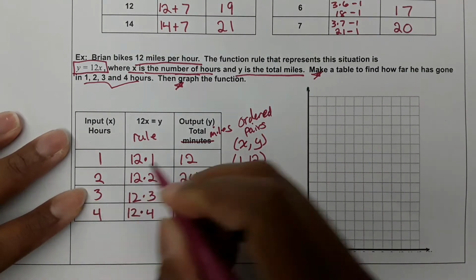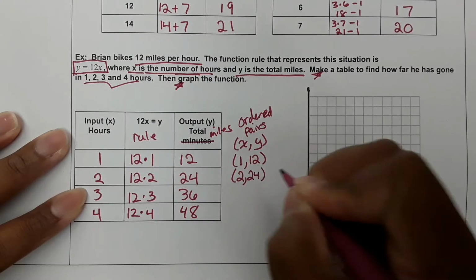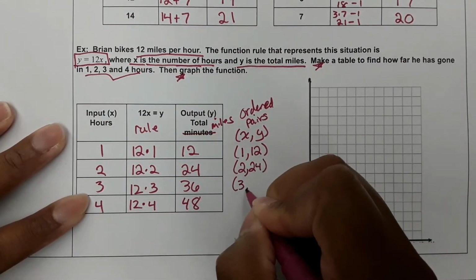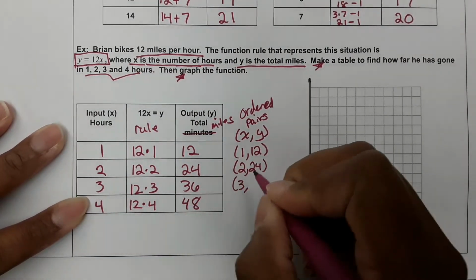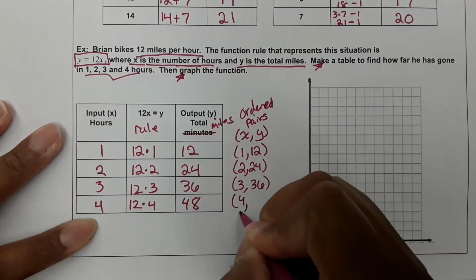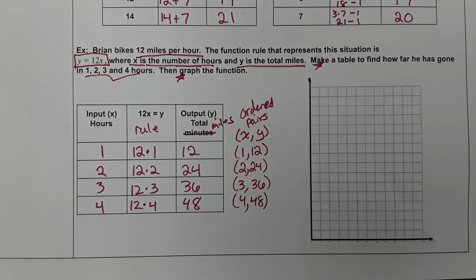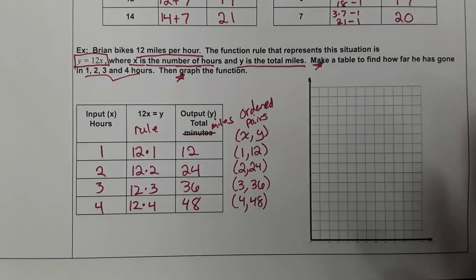Next we have 2, that was our x, and at 2 it was 24 for y. Then we can continue 3, when we put in 3, out popped our y of 36, and then when we put in 4, out popped the y of 48. So now we have the ordered pairs necessary to graph.